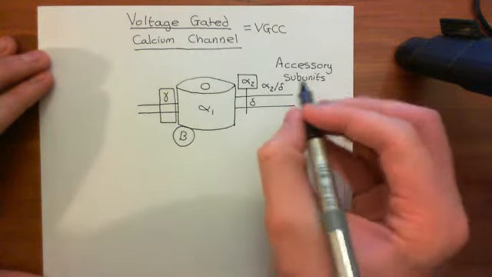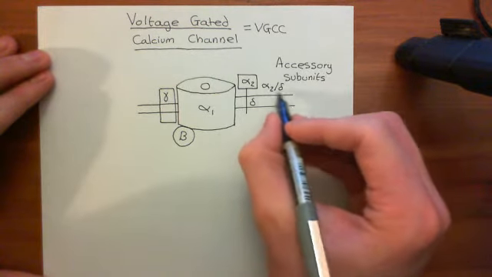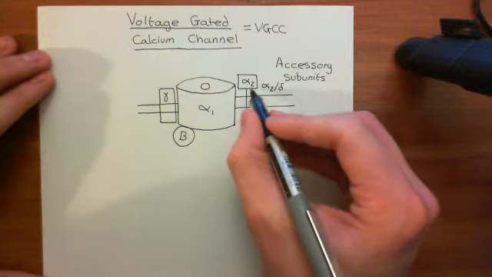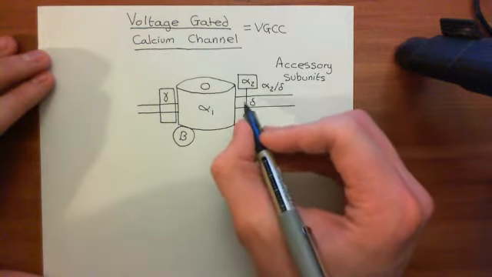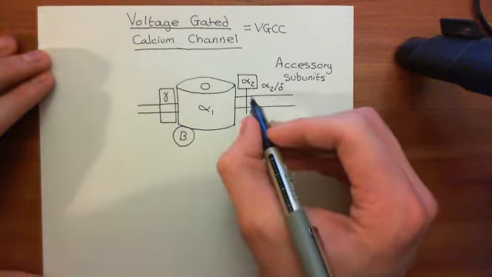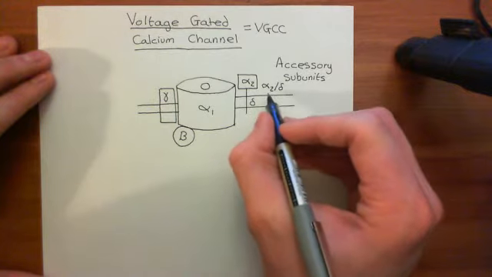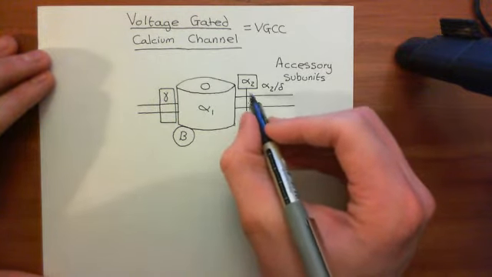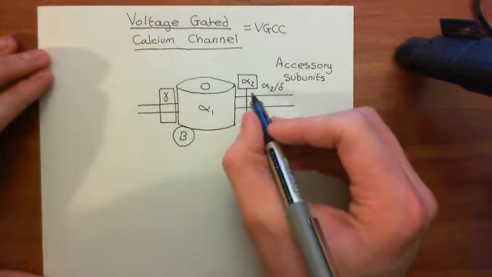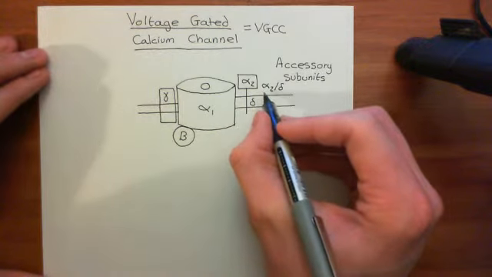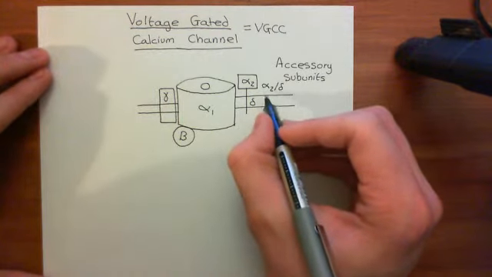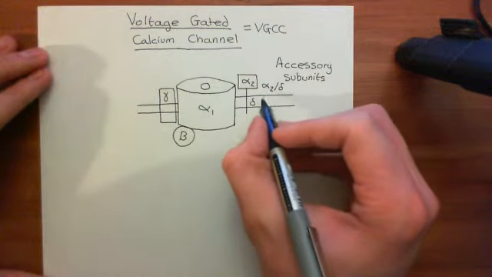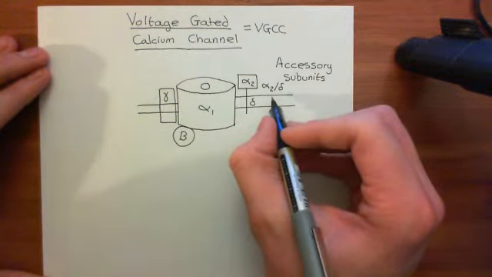You might wonder, why is that considered one subunit? Why aren't alpha-2 and delta separate subunits? Well, the reason is that they're actually produced by the same gene. The gene is transcribed into a piece of mRNA, which goes through a ribosome and produces a massive polypeptide.